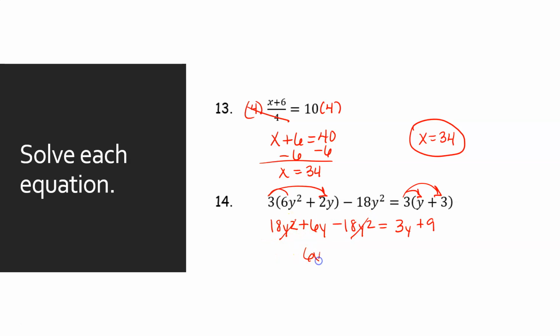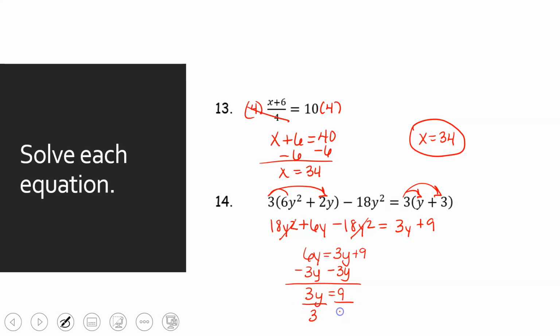So we are left with 6y equals 3y plus 9. Then we subtract 3y from both sides to get 3y equals 9, and we divide by 3. y is 3. It looks scary, but you canceled out the scariness in the first line.